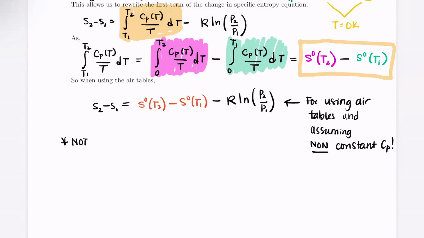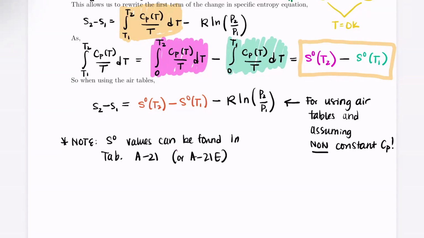Okay. So as a note here, S0 values can be found in tables A-21 or A-21E if you need English units.